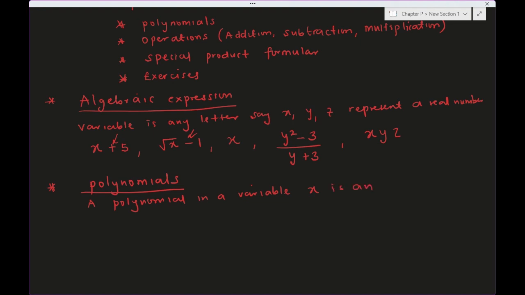It is an algebraic expression of the form, say, P(x) equals a_n x^n plus a_(n-1) x^(n-1) plus dot dot dot, then we can close, plus a_1 x, then finally a_0.